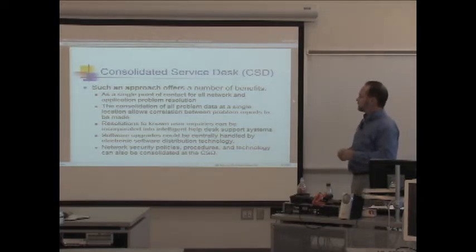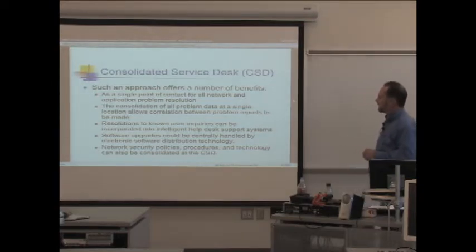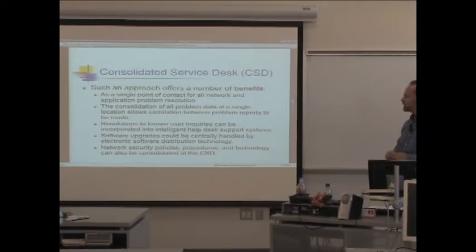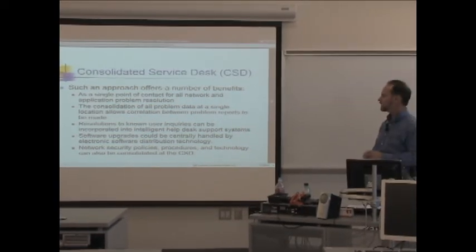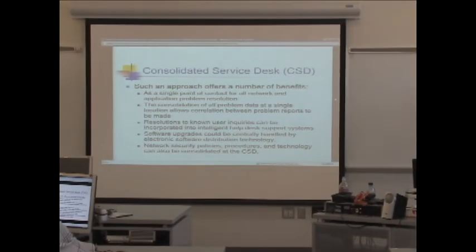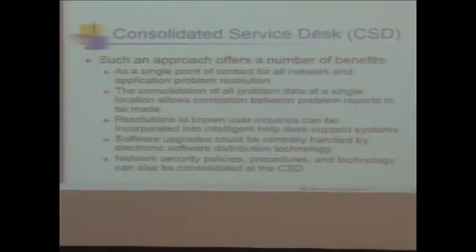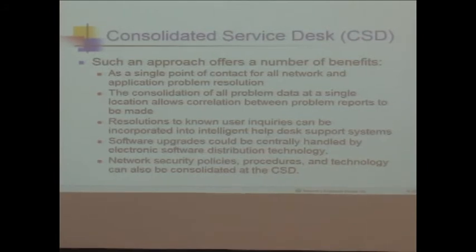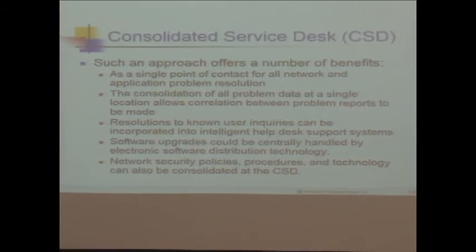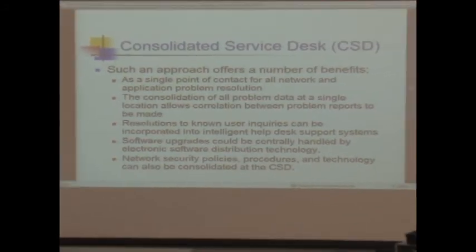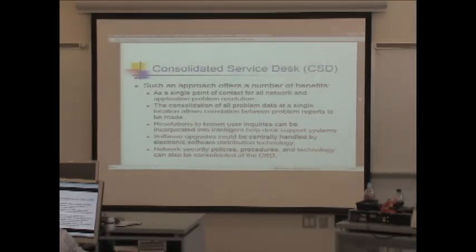Resolutions to known user inquiries can be incorporated into intelligent help desk support systems. So that's the knowledge base that I was talking about earlier. Software upgrades could be centrally handled by electronic software distribution technology. So instead of each department or each geographic location being responsible for that, again, we can centralize it. In most cases, when we can centralize things, we're going to gain in efficiency, we're going to reduce costs.